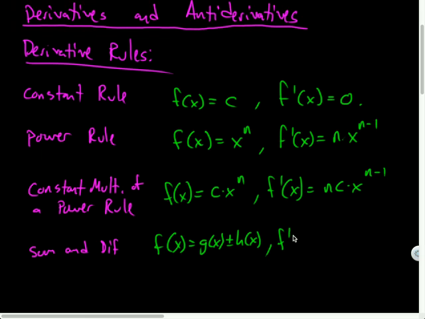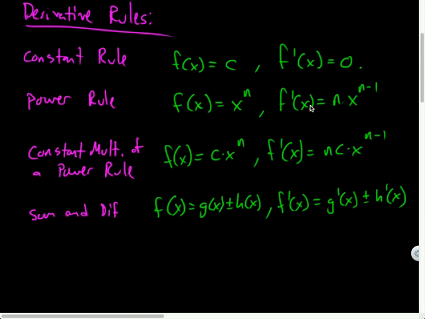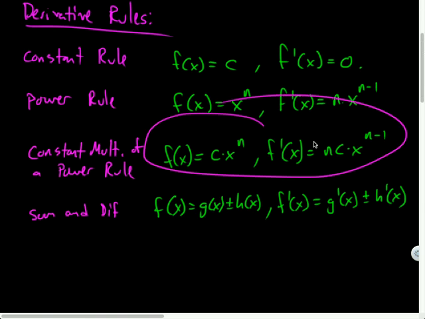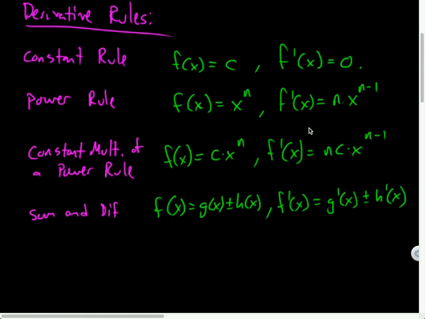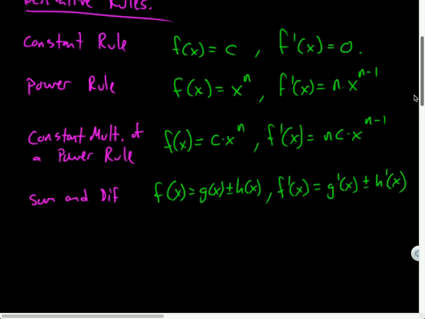Then f prime of x, what do you think that will be equal to? g prime of x plus or minus h prime of x. I can basically find the derivative of each individual term separately and then just add them all together. Okay, so those are our derivative rules, which will make finding derivatives of at least polynomials the easiest thing in the world. I mean, really, this one I find is the one that you really have to know, and then I think the other ones kind of follow suit.